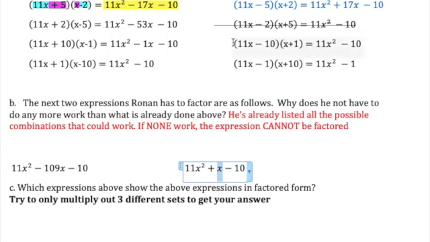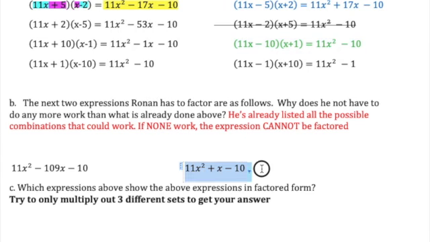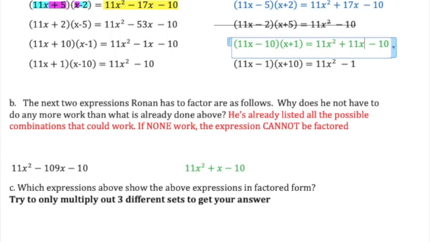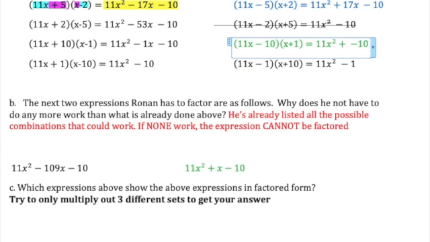So this is going to be this one over here, I bet. I bet this is going to be one of my winners.